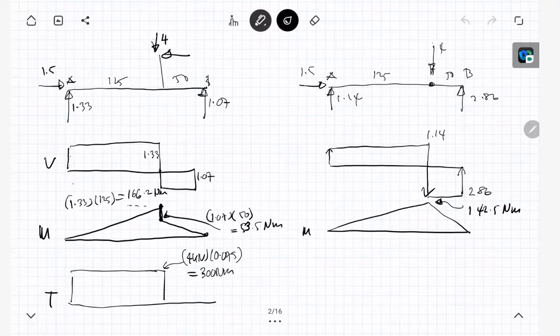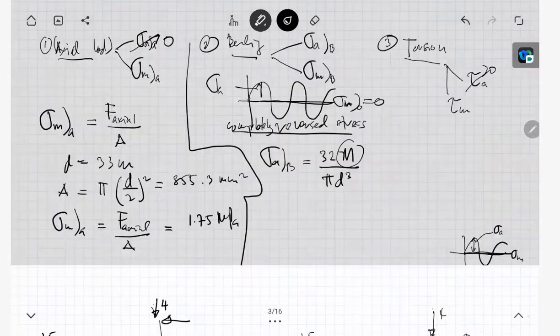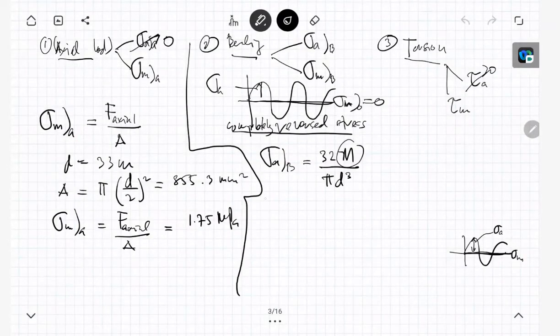Different planes, so we have to consider both 166 and 142. 166 and 142. So total bending ialah 166.2 plus 142.5.